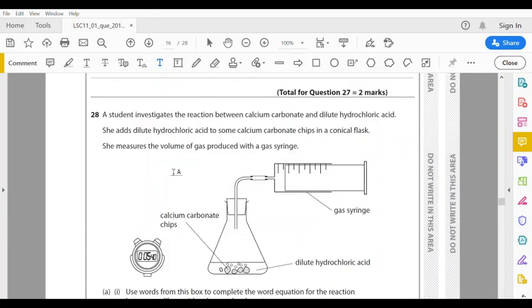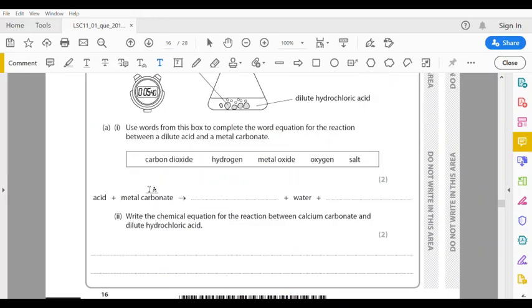Next question. A student investigates the reaction between calcium carbonate and dilute hydrochloric acid. She added dilute hydrochloric acid to some calcium carbonate chips in a conical flask. She measures the volume of the gas produced with the gas syringe. So let's see, acid is reacting with metal carbonate. You need to fill in, using words from the given box.